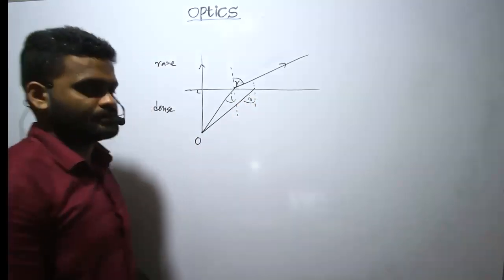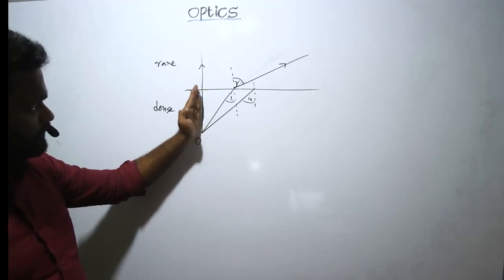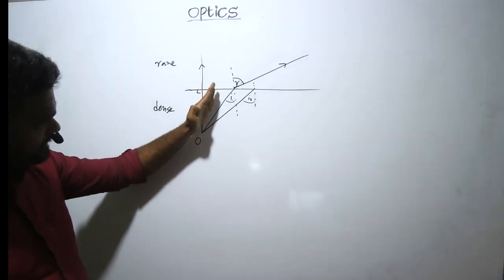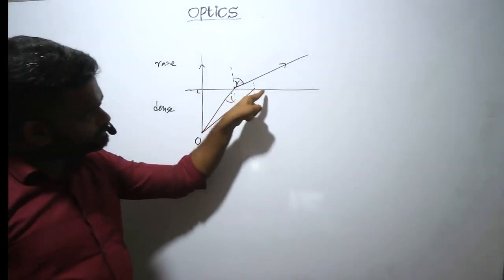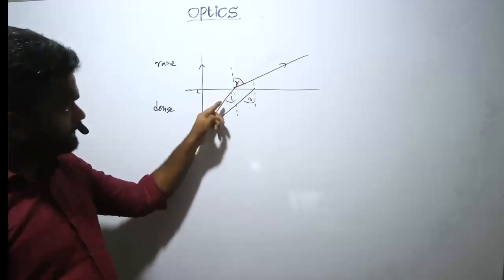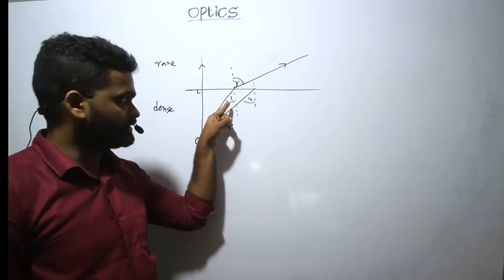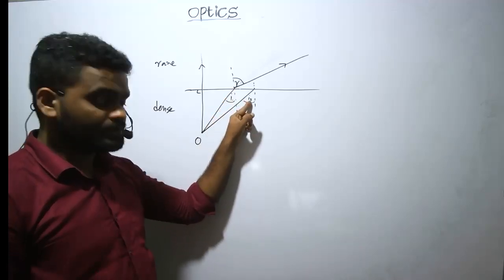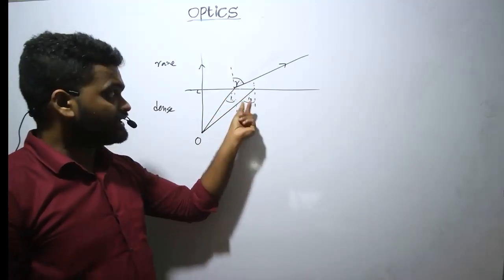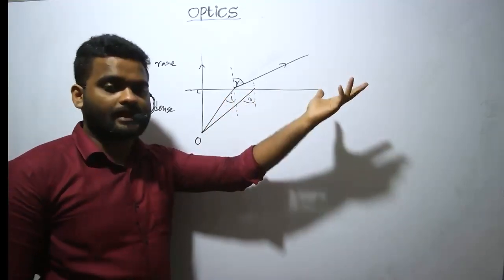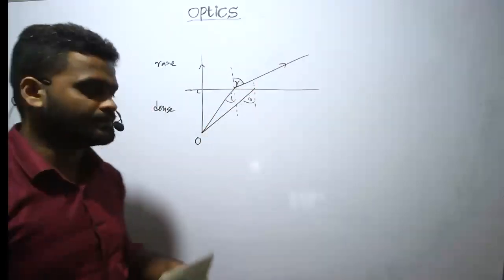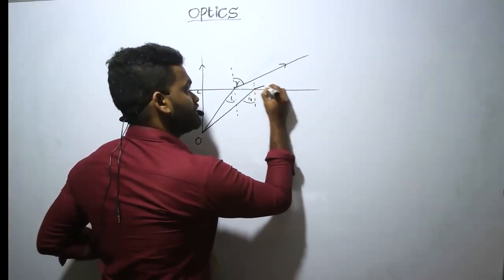You can draw any number of rays, but as this incident point moves to here, the incident angle is getting larger. I2 is larger. So when I2 is larger, the refracted angle also has to increase.